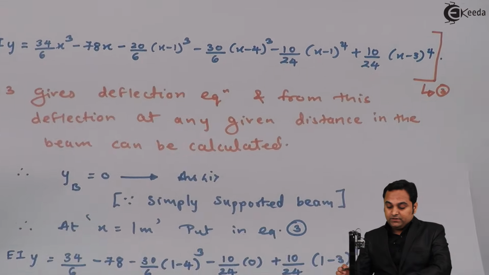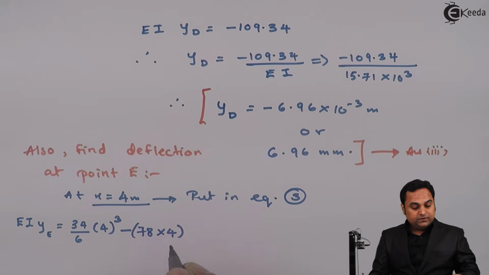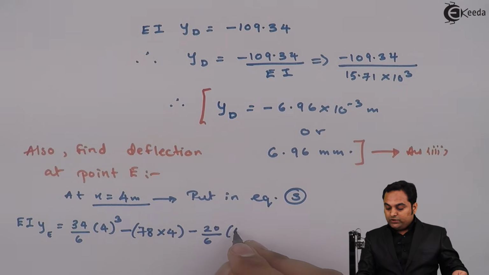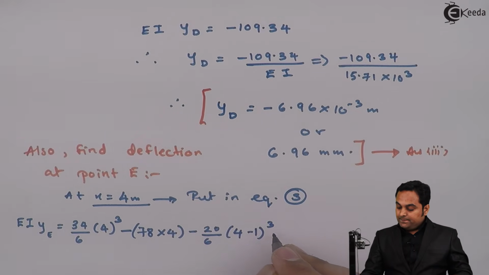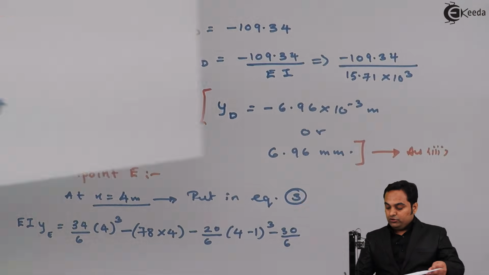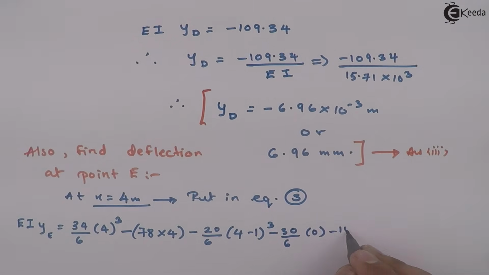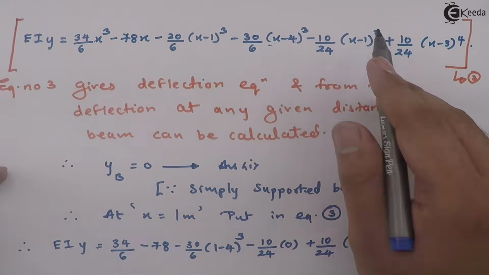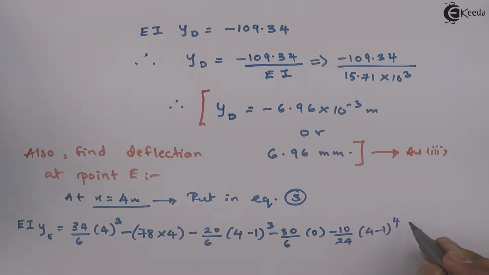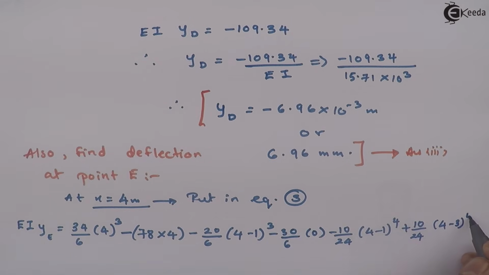Then minus 78 into x, so 78 into 4. Then minus 20 by 6 into x minus 1 whole cube, so 4 minus 1 whole cube, minus 30 by 6. Now here we have x minus 4, that is 4 minus 4, so it becomes 0, no need of this term. Then we have minus 10 by 24, x minus 1 raised to the power 4, so 4 minus 1 raised to the power 4, plus 10 by 24, 4 minus 3 raised to the power 4.